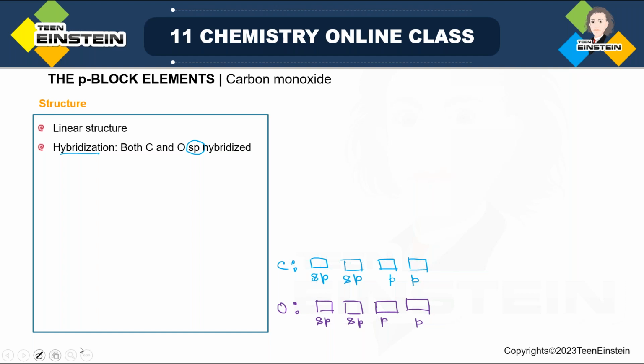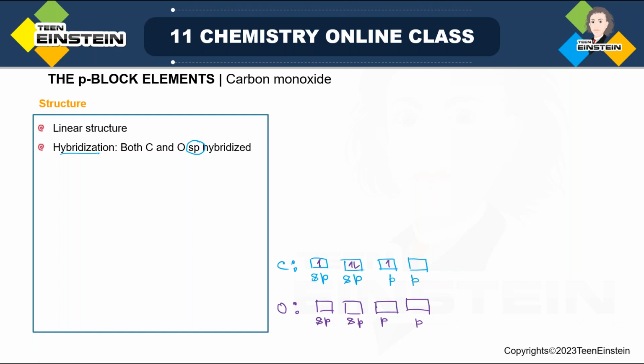Now if we write the electrons, carbon will use 1 sp for sigma bond formation. Another sp will contain a lone pair. The third one, the pure p, will have 1 electron. So 4 electrons are already written, and all the valence electrons are used up.